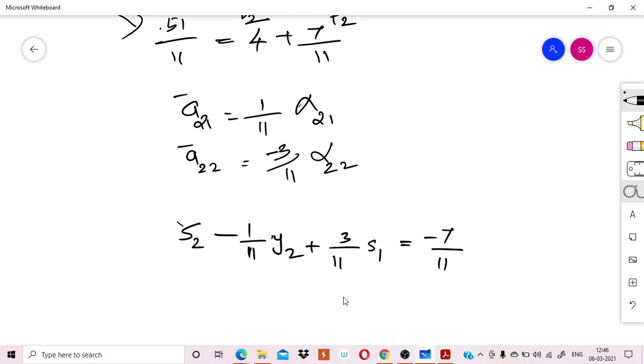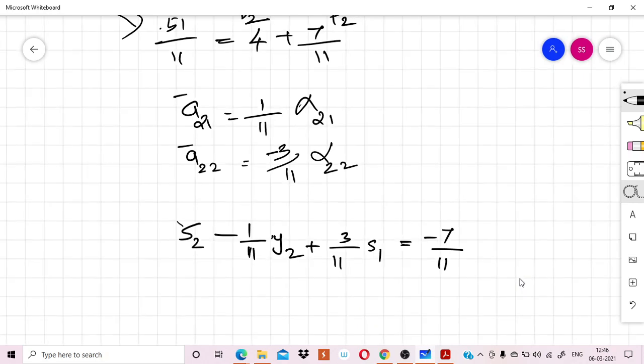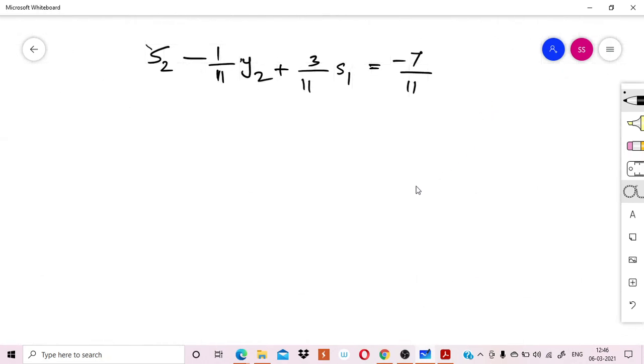So this is nothing but just substitution. And then the next step is we will introduce this new Gomory's constraint in our table, and we will proceed with our dual simplex method.